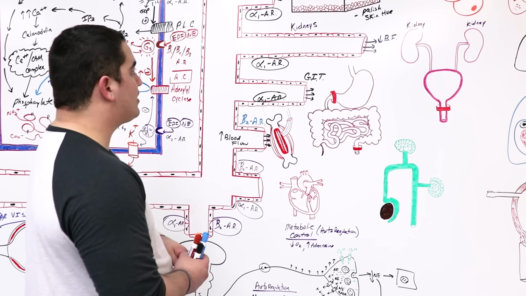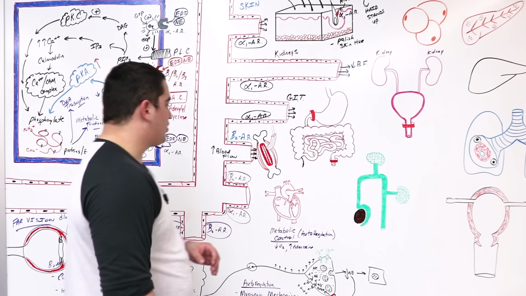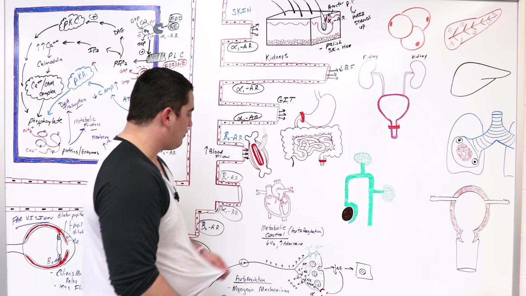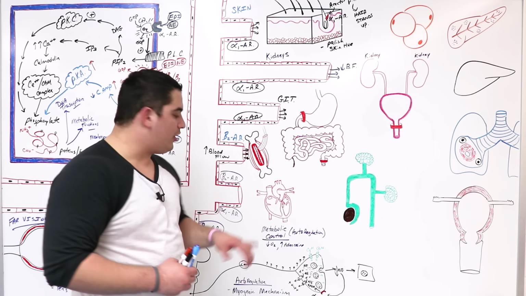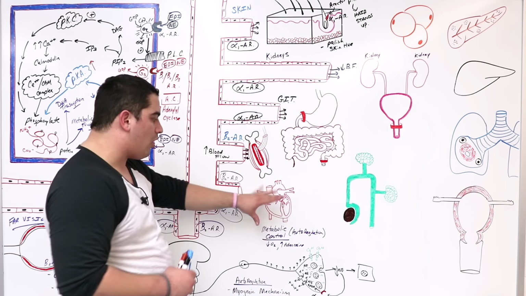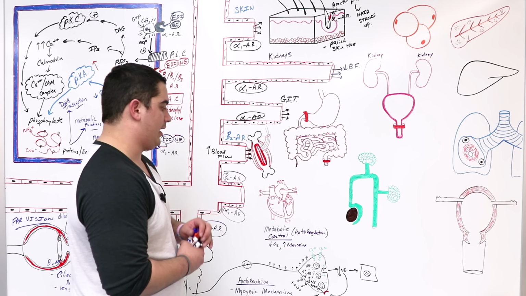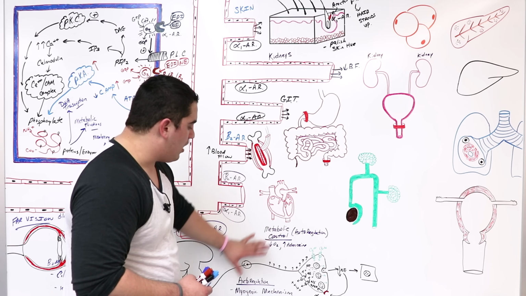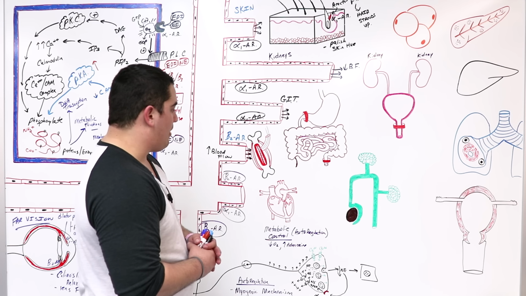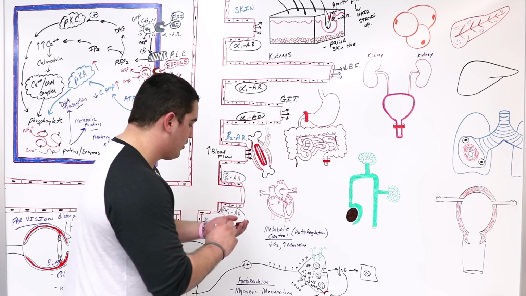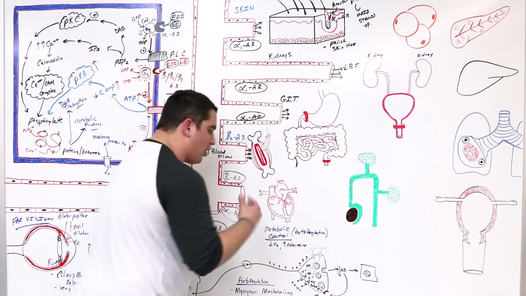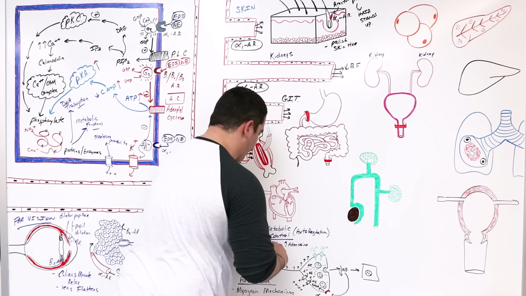Now, let's talk about the heart. The heart, we already know the blood flow. We know that it has its own autoregulation, and we know that the central nervous system has its own autoregulation mechanisms. This one more by metabolic, the central nervous system more by myogenic. But the heart has its own nodal system, if you will.